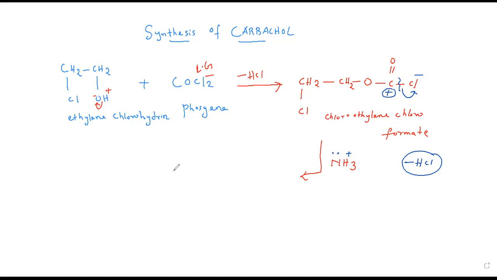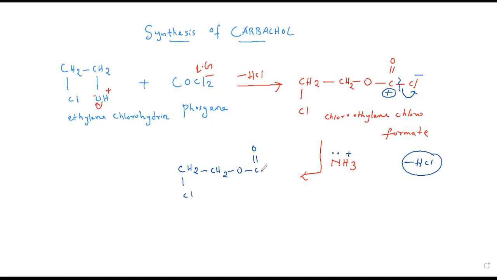We can write this structure in this way: CH2Cl, next CH2, oxygen, C double bond O. Up to here, I have written the same thing. Now there is no chlorine here.